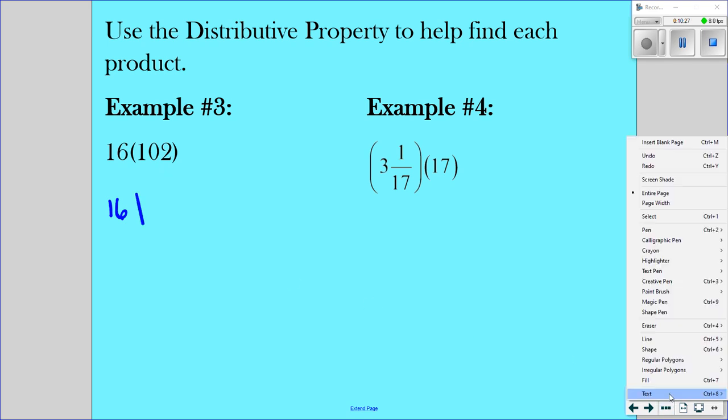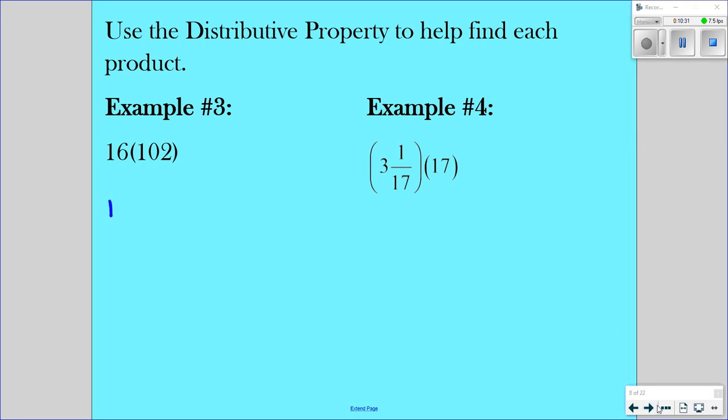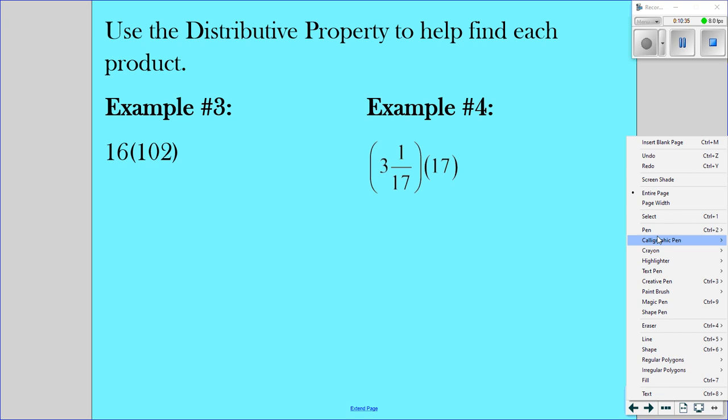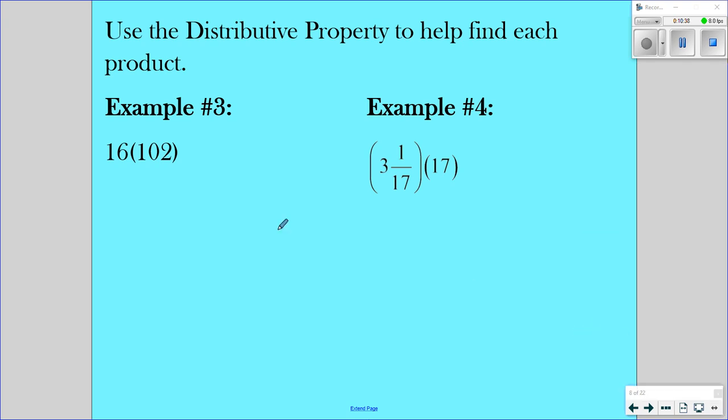All right, so we have 16, and then we can break it into 100 plus 2. That will give you 102. Now you can distribute and make it a little easier.